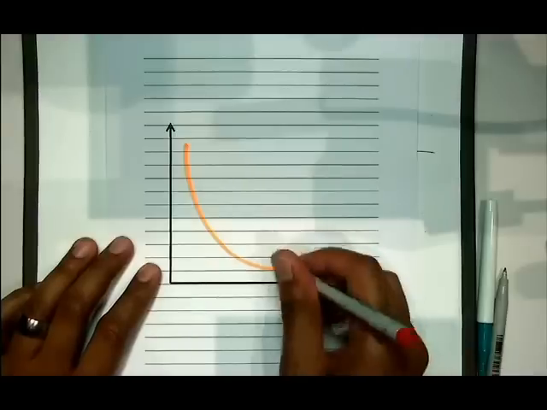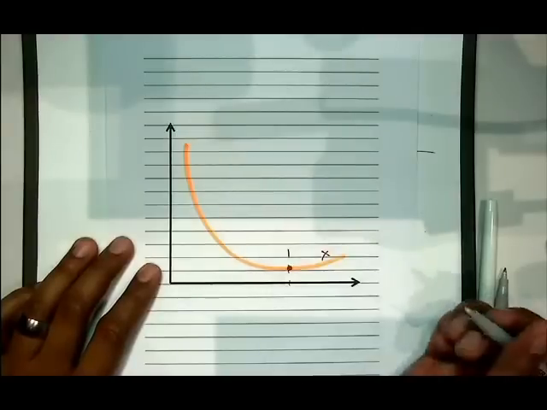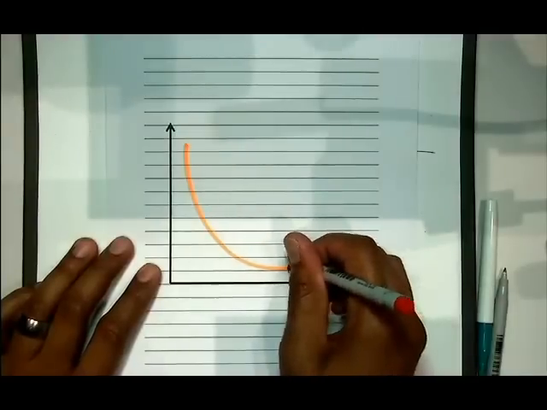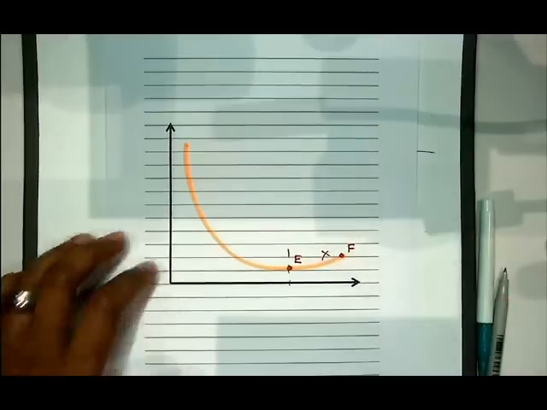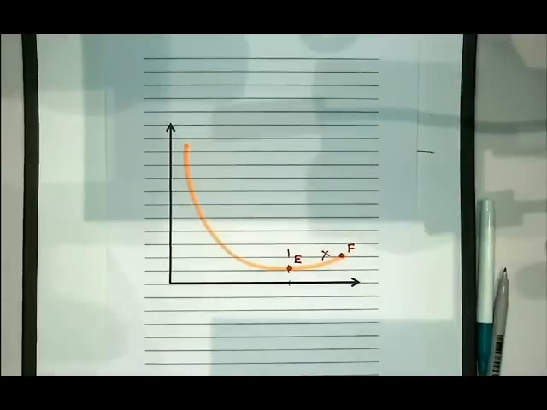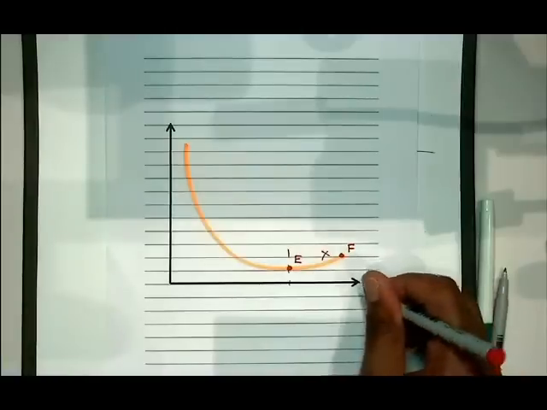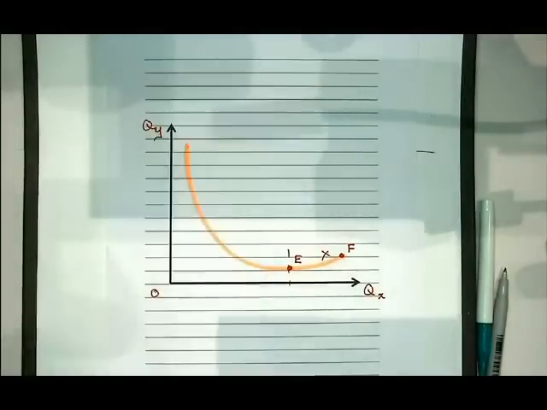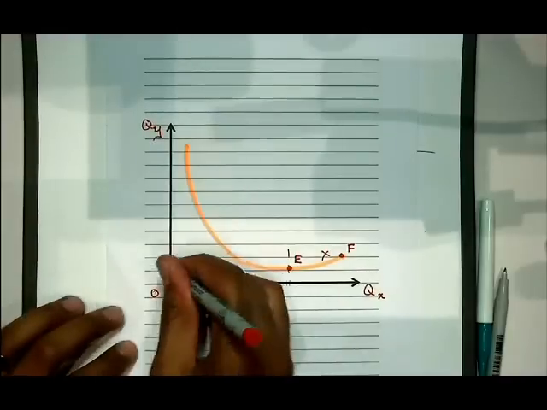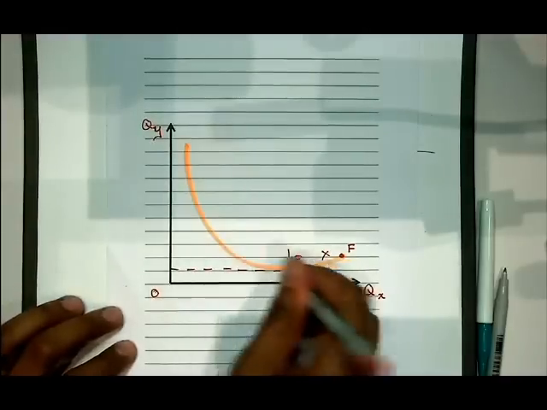The reason that's not correct is because you're saying that bundle E and bundle F are on the same indifference curve, which is impossible. Can you see why it's impossible for F to be as equally satisfying as E?